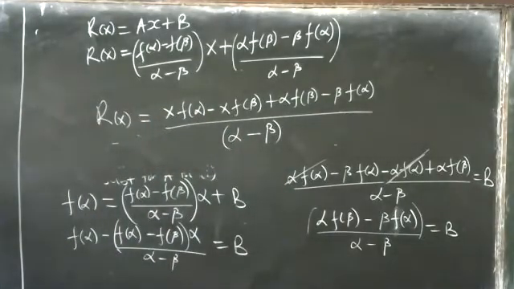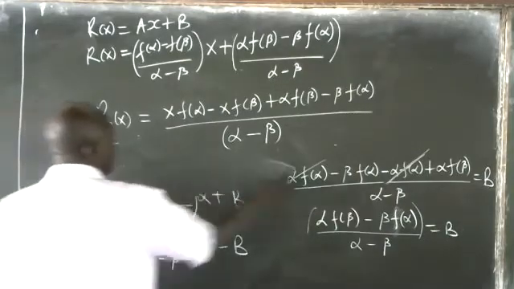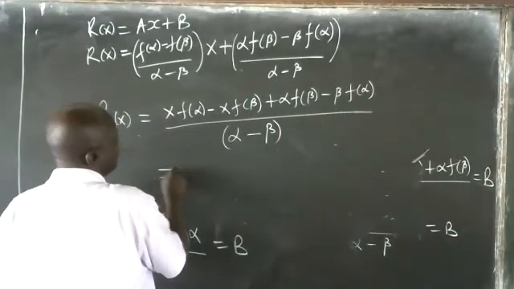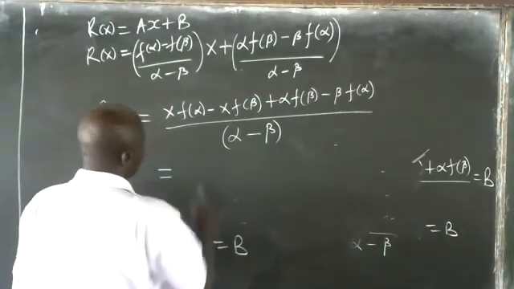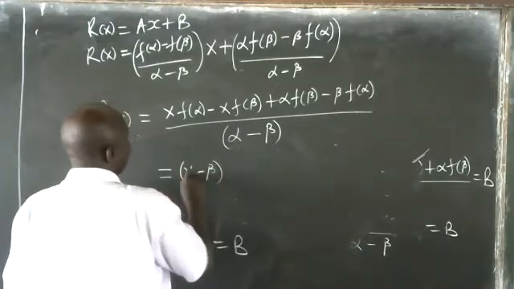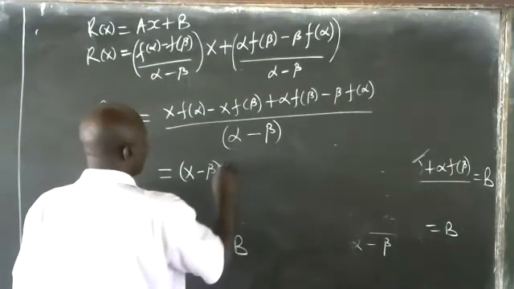Then you can collect the like terms, the F alpha together and the F beta together. So I will now say, this one down here we have x minus beta, F alpha.